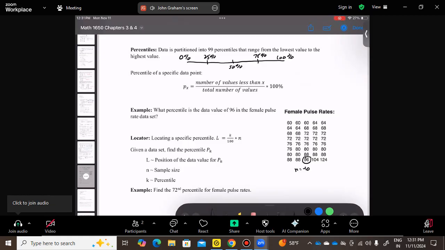So there's 37 values out of 40 times 100%. 37 divided by 40 times 100, and we get 92.5, which will round up to the 93rd percentile.